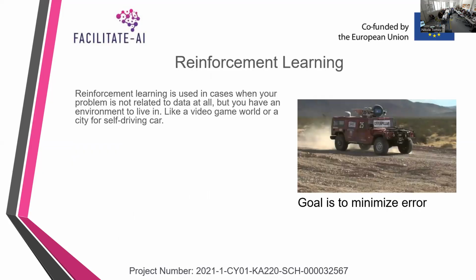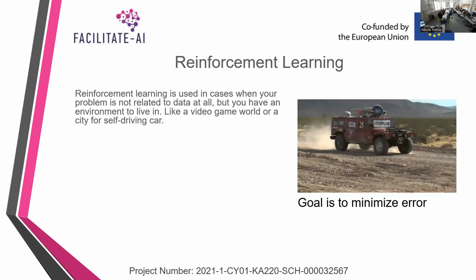Moving on to reinforcement learning, just to have an idea of what it is. Reinforcement learning is used in cases when the problem is not related to the data itself, but you have an environment to live in. It's the game that you play, the environment, or it is the desert.